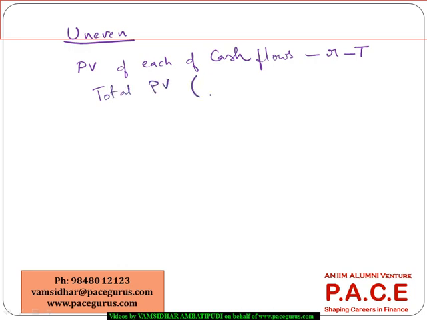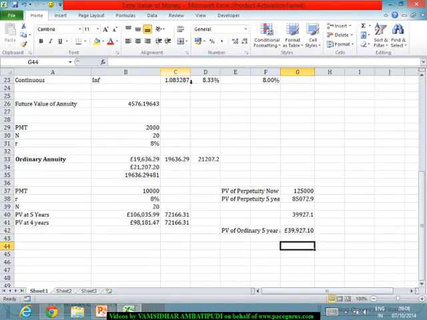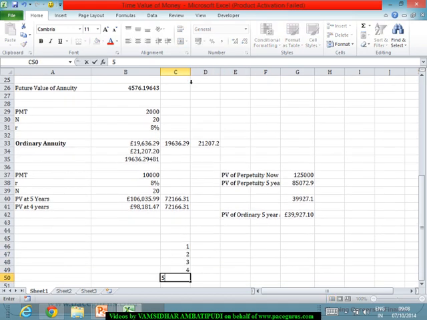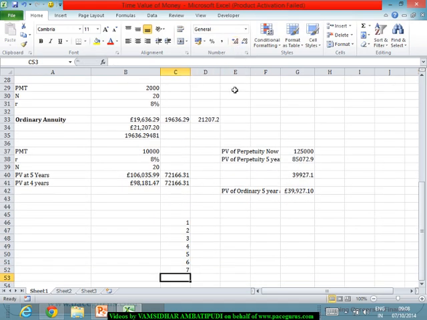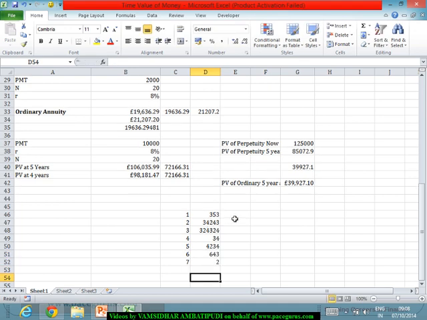So generally when the number of periods and number of cash flows are different, a spreadsheet is much more useful. So if I just want to know, at different periods of time, after 1 year I'm going to get something, after 2 years this much, after 3 years, after 4 years, after 5, after 6. Let's say these are the amounts that I'm going to get at different points in time, and the interest rate in the process is 8%.